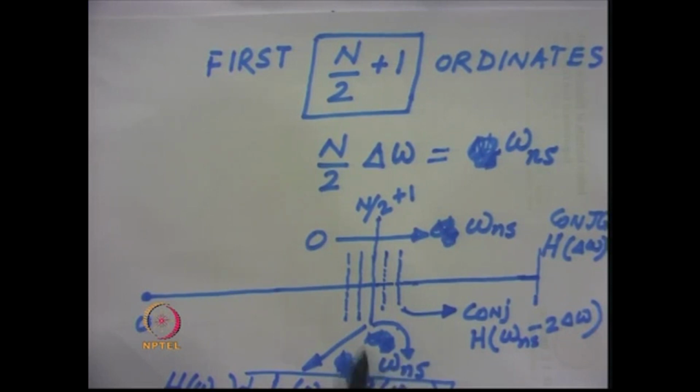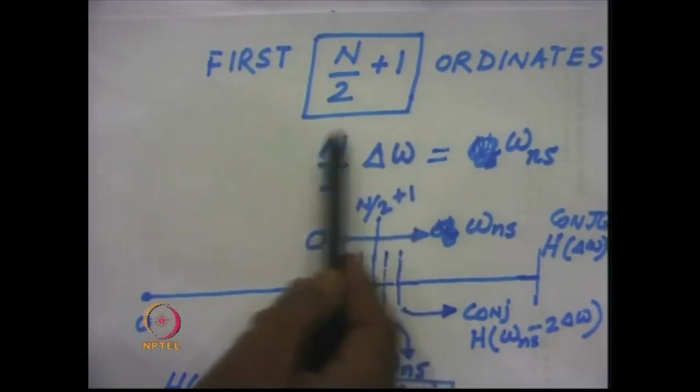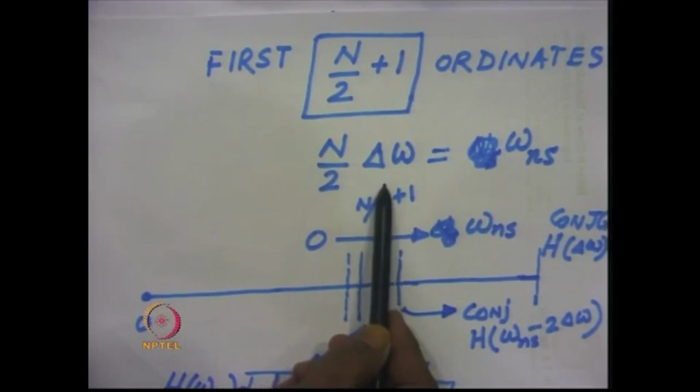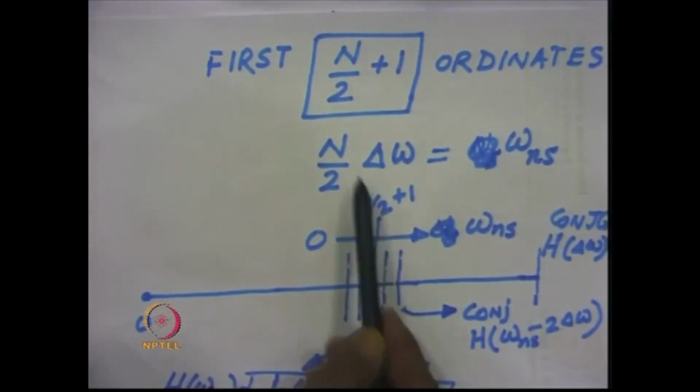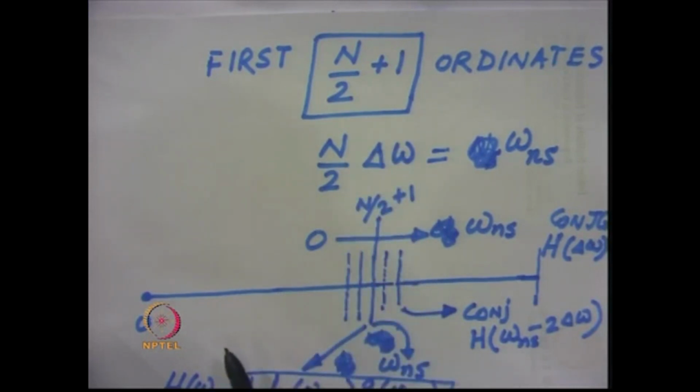How to find out the value of omega ns? That is N by 2 multiplied by delta omega is equal to the Nyquist frequency, where delta omega is equal to 2 pi by T, where T is the period of the excitation.